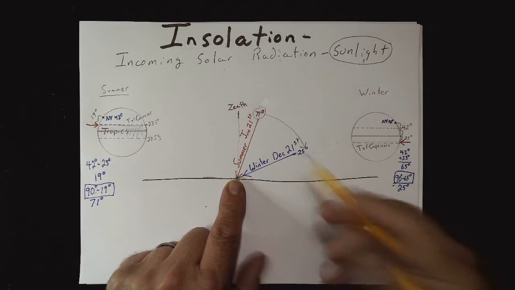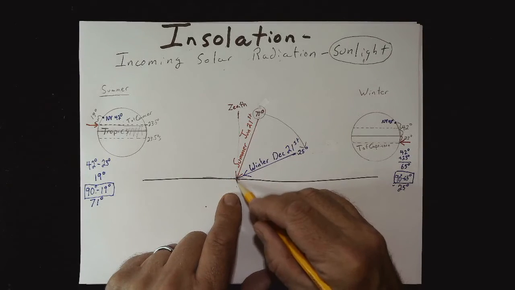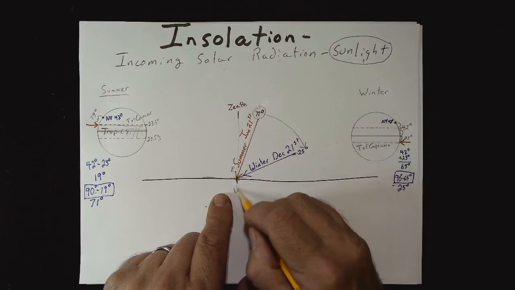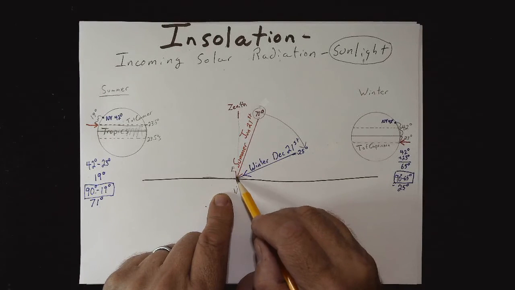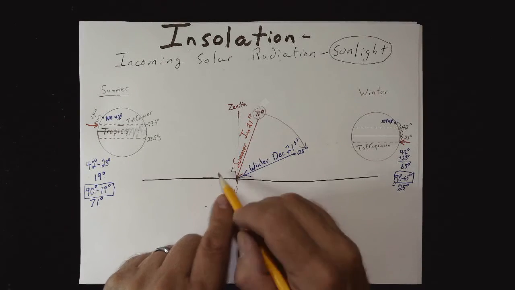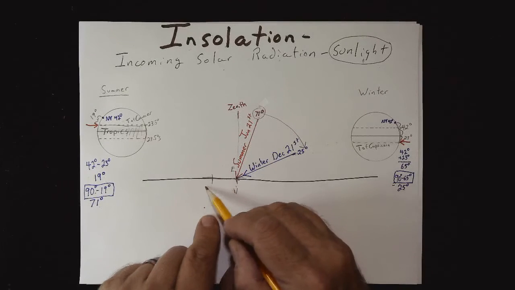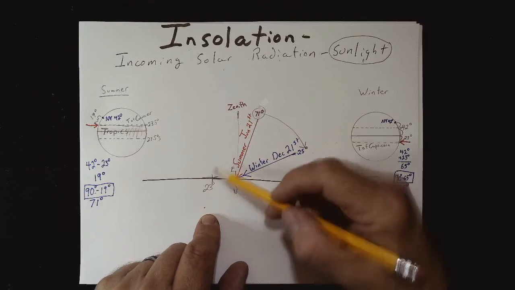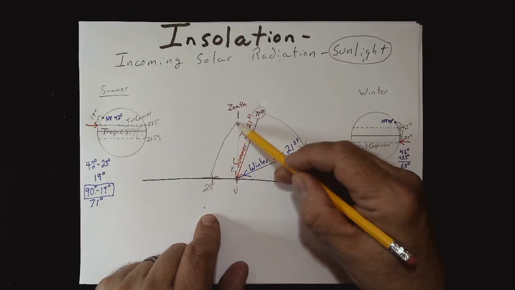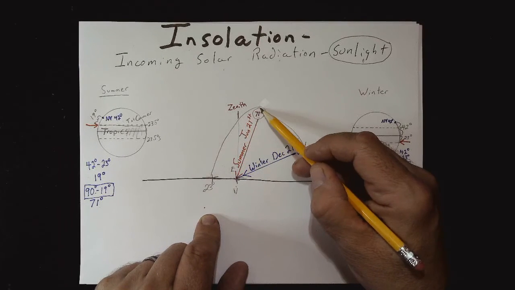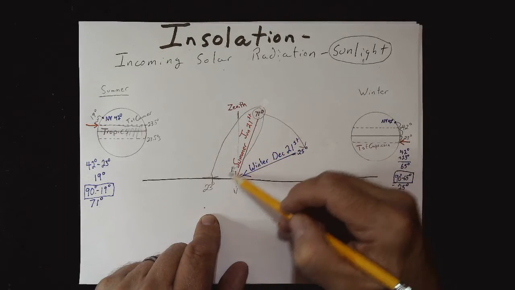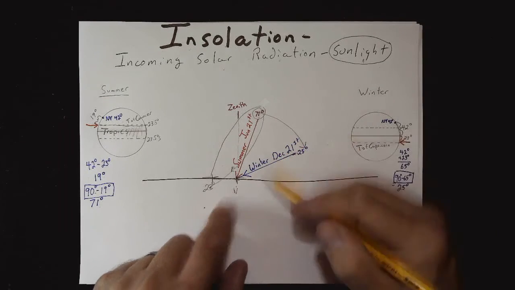The other reason has to do with, if this was a line pointing east to west here, when you have summertime, the sun rises 23 degrees north of that, and the sun has to climb all the way up to get to 71 degrees in the sky, and then it has to climb all the way back down to set in the western sky.